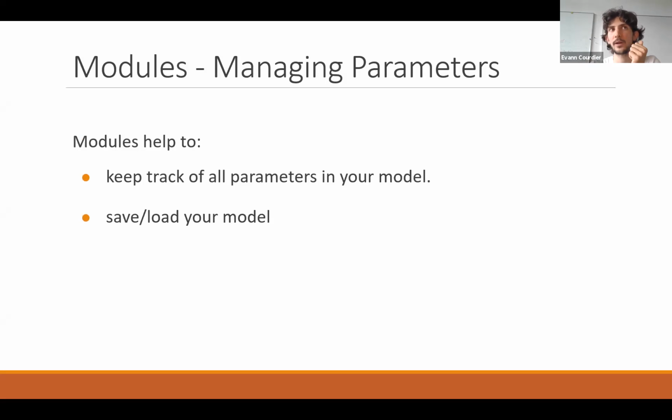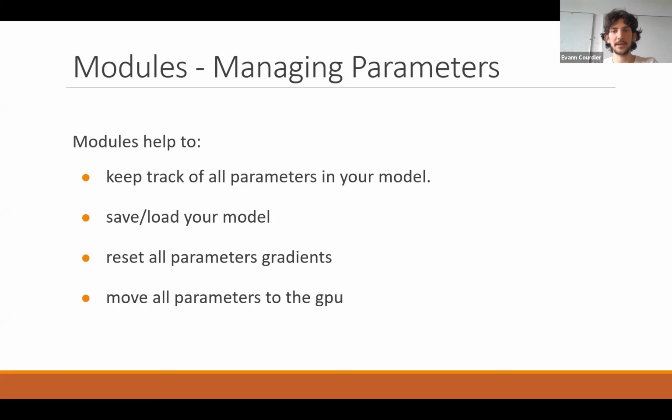It will allow you to quickly load and save the model. It will allow you to reset all the gradients of the parameters, because we'll be computing the gradients of these parameters and you might need at some point to reset them. We will see that later. And then you can move all your parameters to the GPU in one line as well. So you don't have to move all the parameters of each convolution to the GPU.